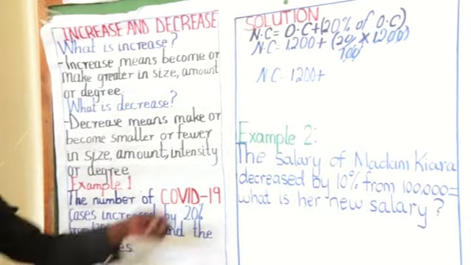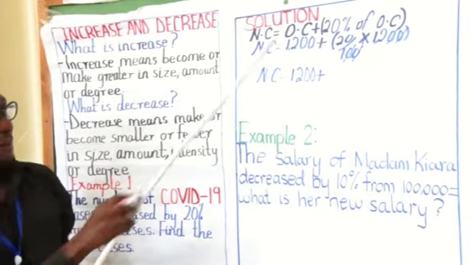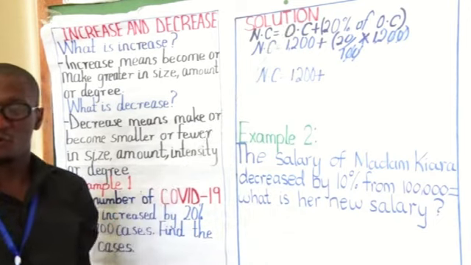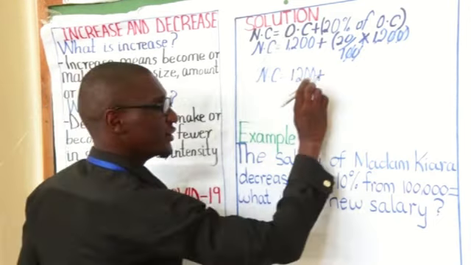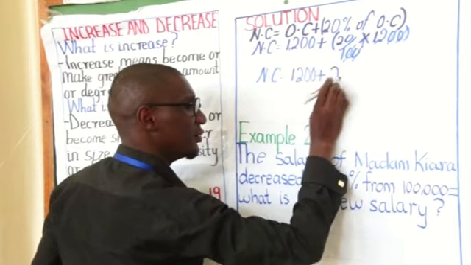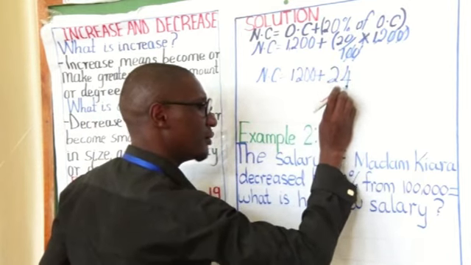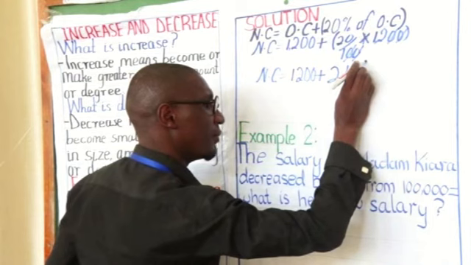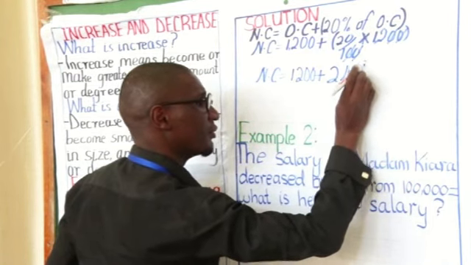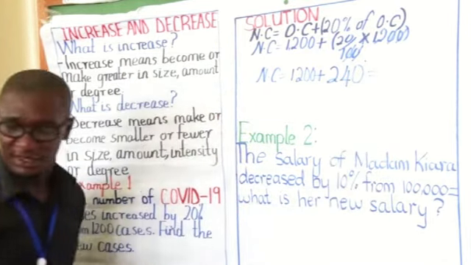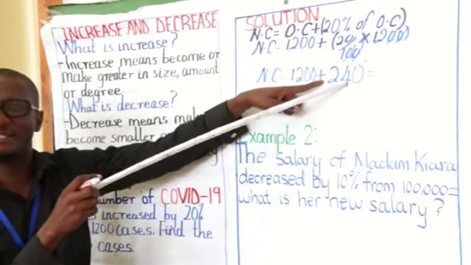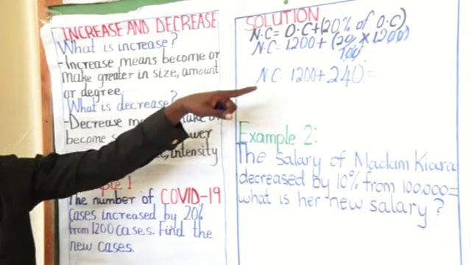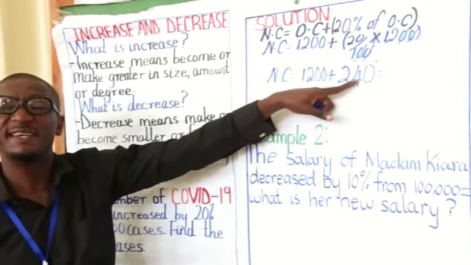Then you just take 20, multiply by 12. When you multiply them very carefully, you get 240. Now, these 240 are an increase. It means cases were increased by 240 people.